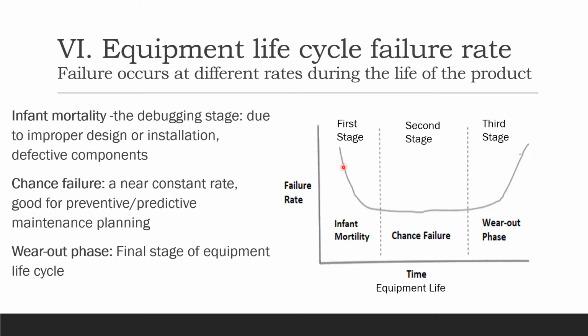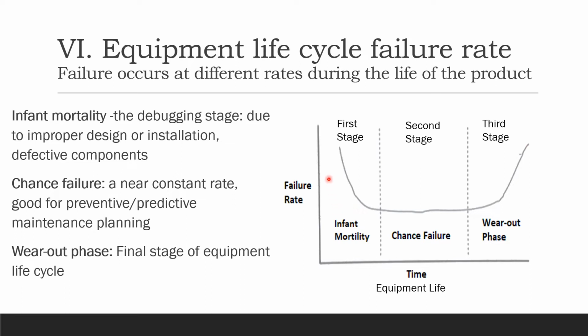So the first stage is trial, debugging, so it goes down. The wear out phase is the third stage and the line goes up like that. That's the final stage of your equipment life cycle. Since the equipment is old and worn out, we call it the wear out phase, and the failure rate is going to increase.